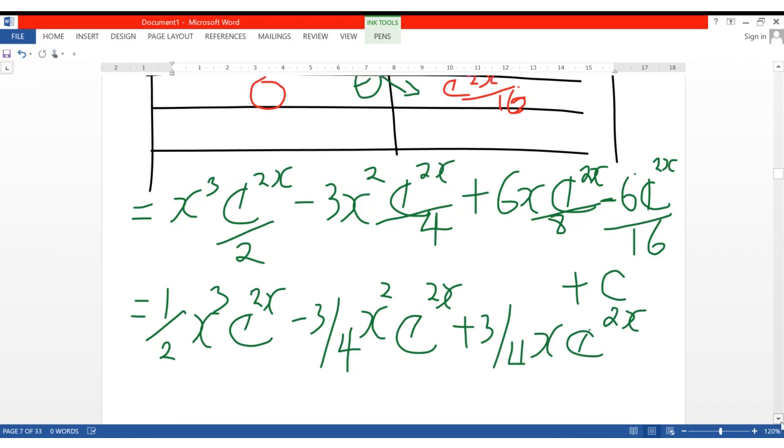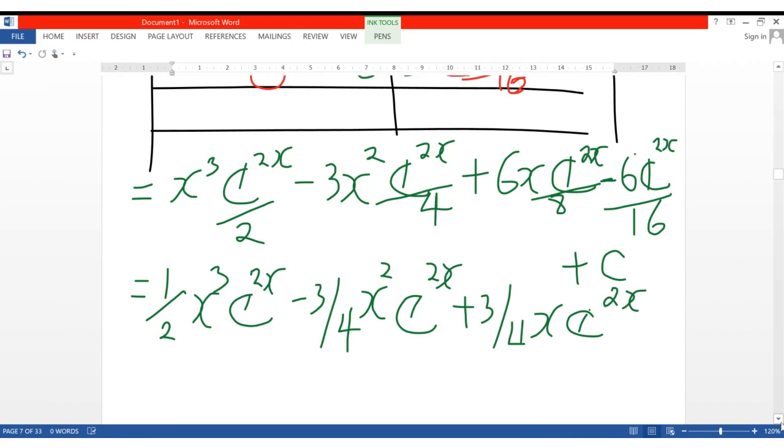Negative 6 over 16 divided by 2, you'll get 3 over 8 exponential 2x, and finally plus a constant of integration. So the other bit is just about simplification, but it is very, very fast.